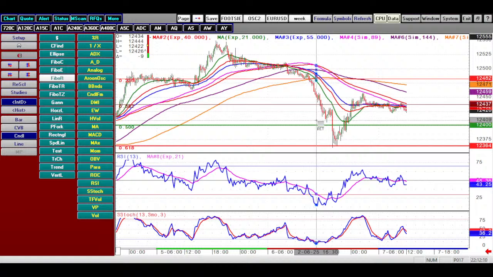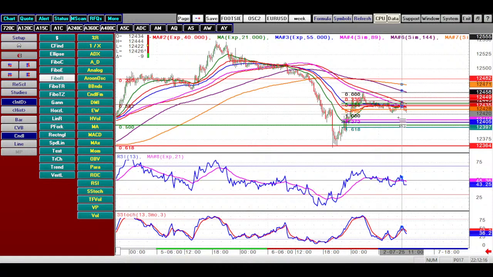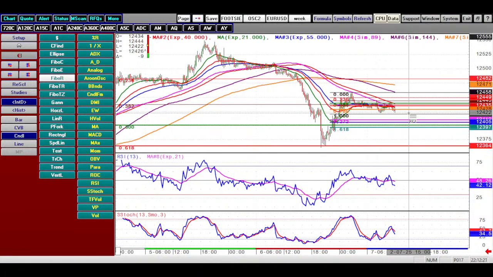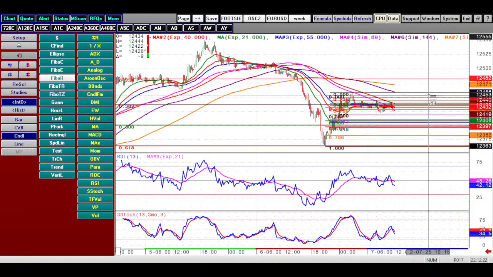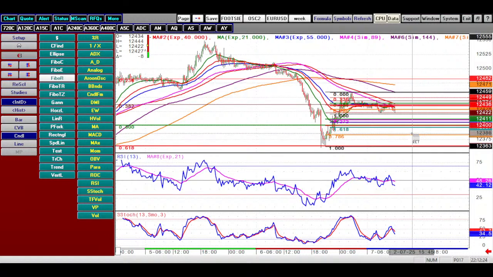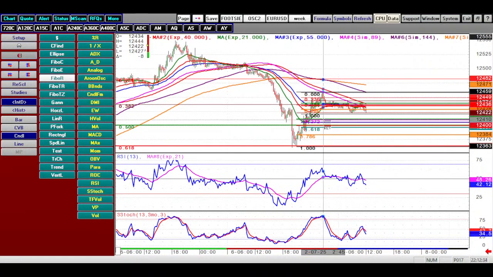As of now, how we can trade this is we look for a buy somewhere near 12405 or max 12380-85, with the stop below this level, provided this is the low. There are two probabilities, but of course the higher probability is that this might be the low.